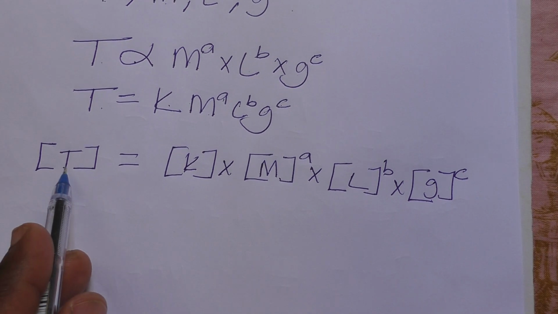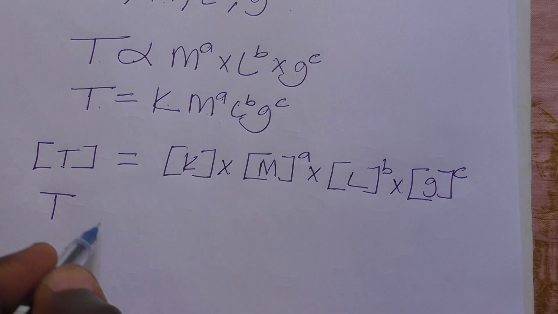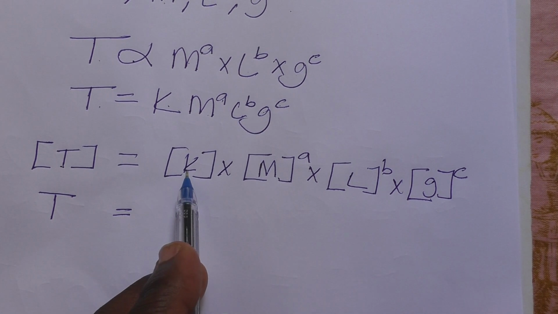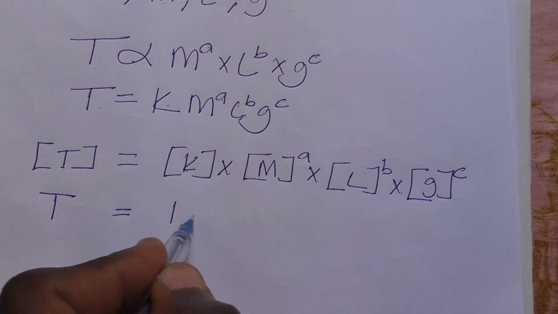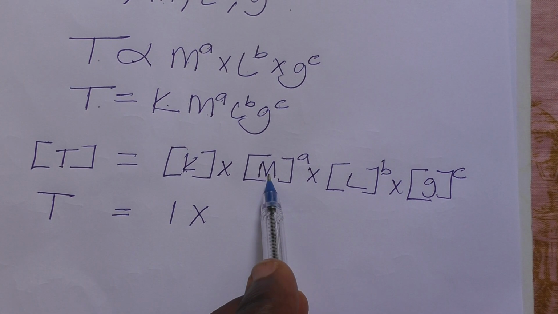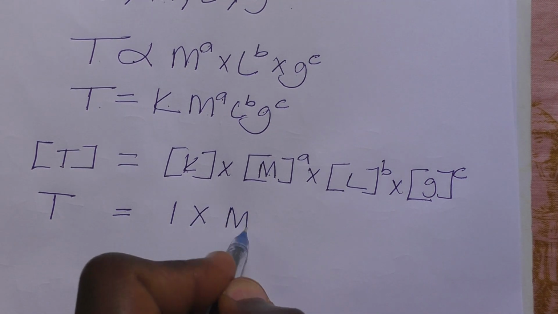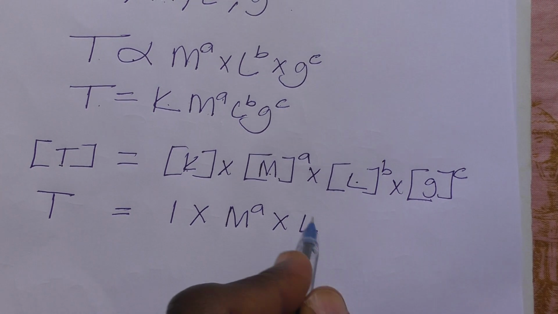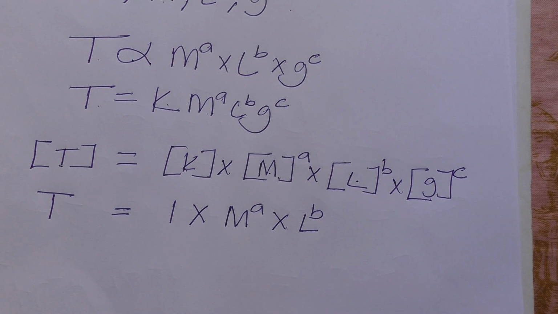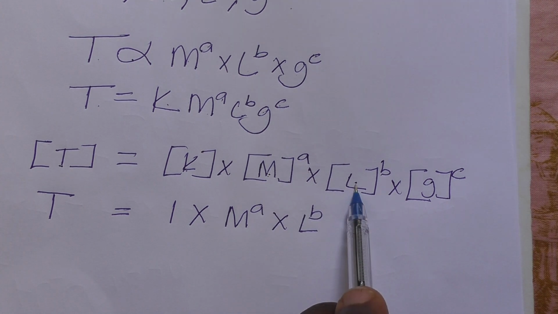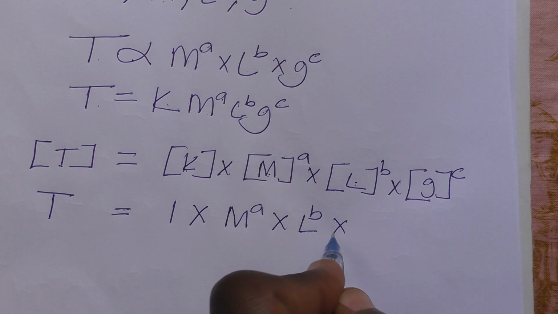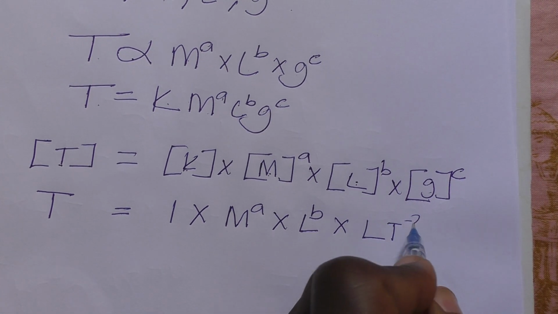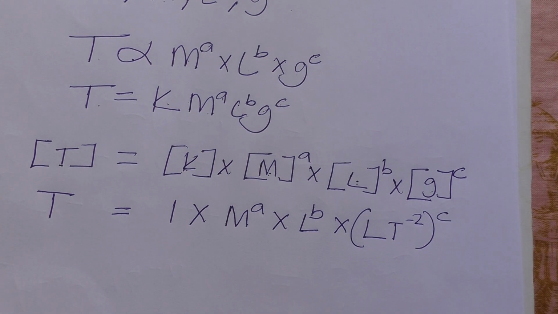The dimension of period T is time, since it is already a fundamental quantity. The dimension of K is 1, times the dimension of mass, which is M, to the power a, times the dimension of length, which is still L, to the power b, because these two are already fundamental quantities, times the dimension of acceleration, which is L per T squared, to the power c.